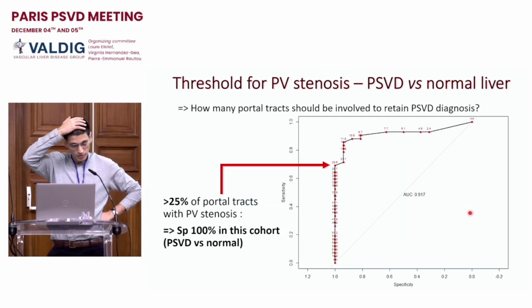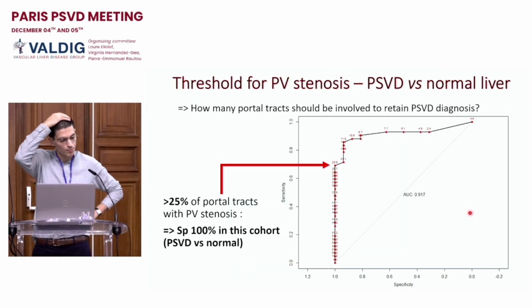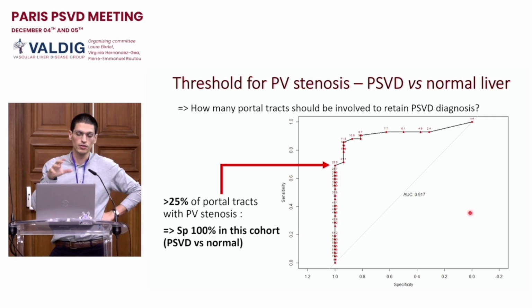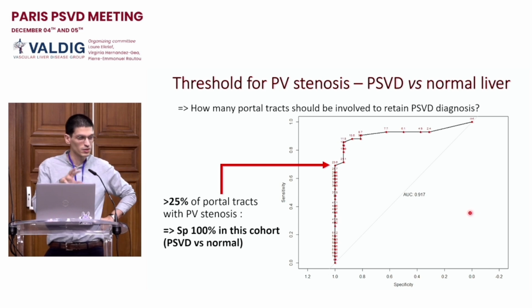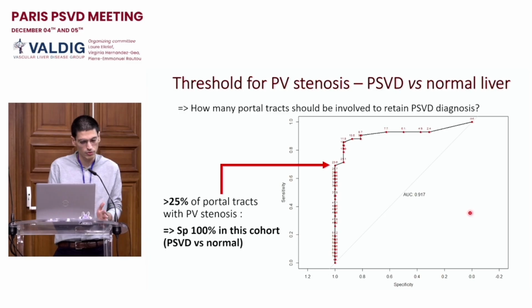Okay, so now that we've shown that PV stenosis is highly correlated to PSVD, and it separates patients with normal liver from PSVD, we have to give a threshold. That was one of the objectives, and it's a threshold especially for this kind of cohort, because here we compared PSVD and normal liver.